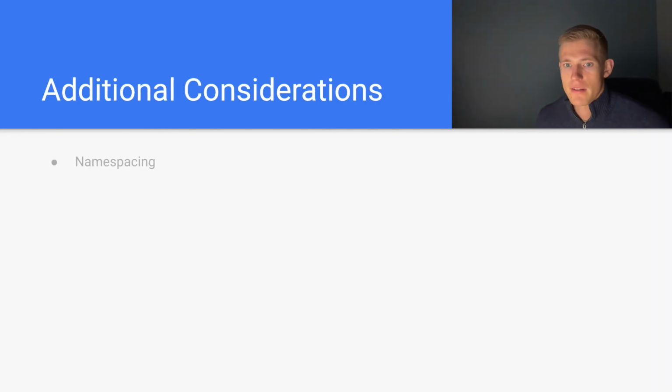Now there's some additional considerations that we can look at. The first one is namespacing. As we said, we are taking a look at a group of pods and how that group are spread across our cluster topology. Well, that group of pods have to be within the same namespace. Otherwise, we will not be able to calculate the skew as I showed earlier, because labels are actually namespaced resources, and the labels are what's used to calculate the skew.